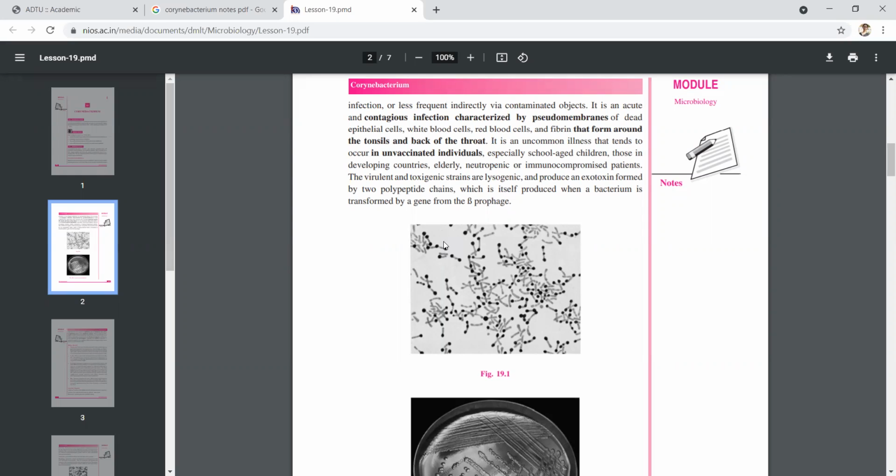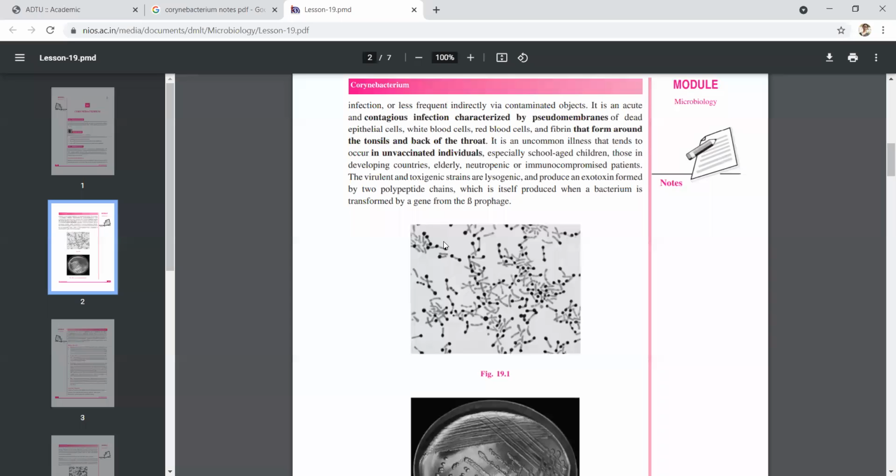How is it identified? It is identified when a patient develops a pseudomembrane. Pseudomembrane means that around the tonsils and the back of the throat, there is development of a membrane, a false layer, which is actually not a part of the body.